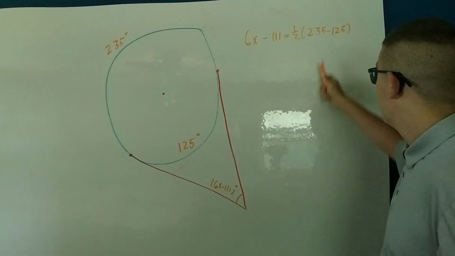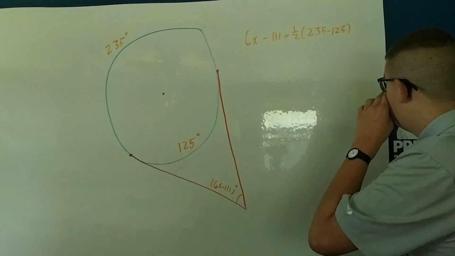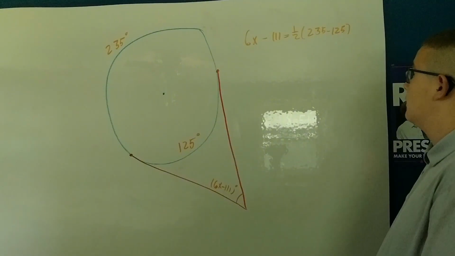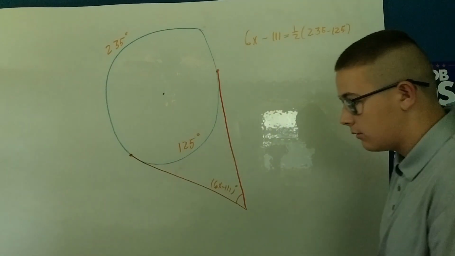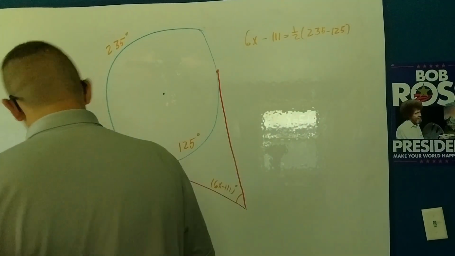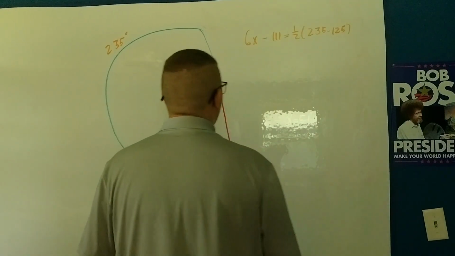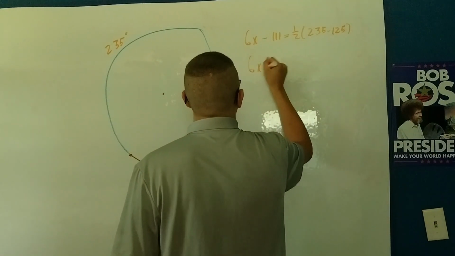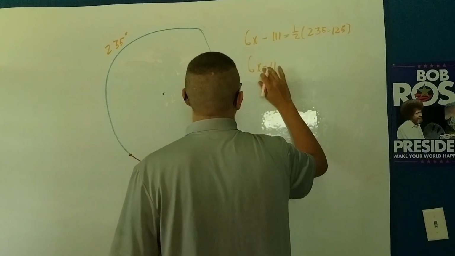Well, if we simplify here a bit, 235 minus 125 is 110.